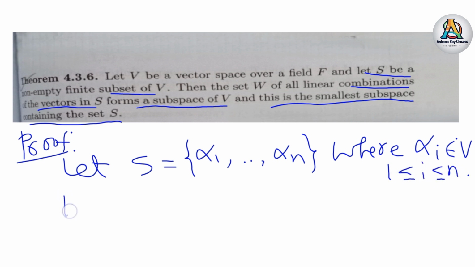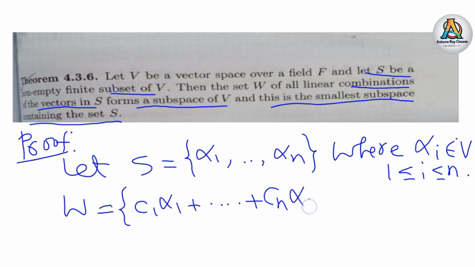So W is the set of linear combinations of the vectors in S. Therefore, W is equal to C1 alpha 1 plus C2 alpha 2 up to Cn alpha n, where C1, C2, up to Cn belong to field F. First, we prove that W is a subspace of V, and second, we prove that W is the smallest subspace containing the set S.